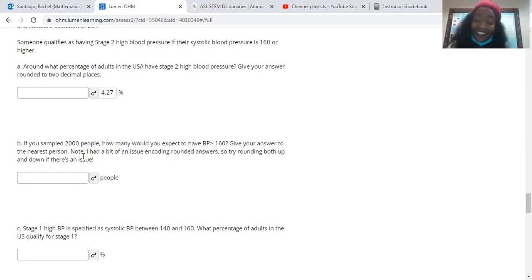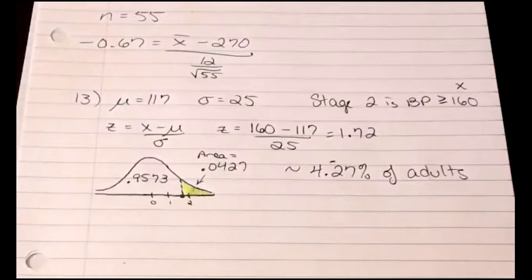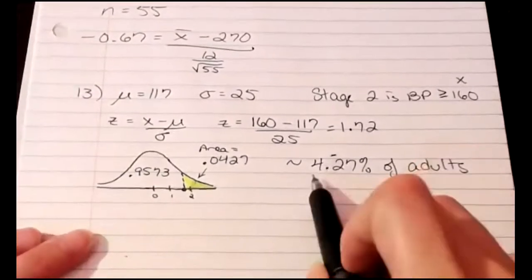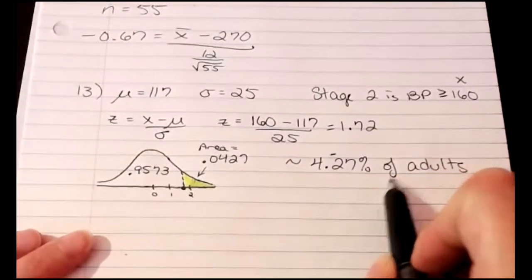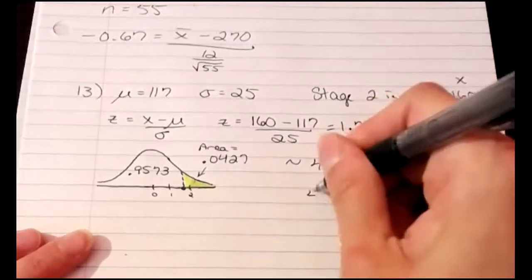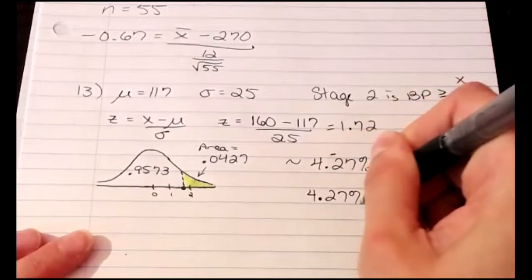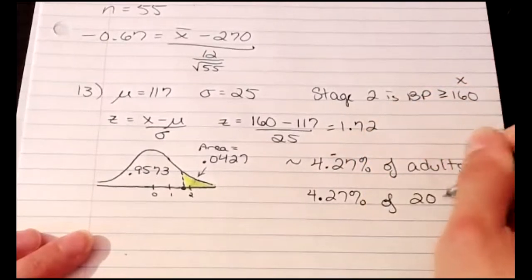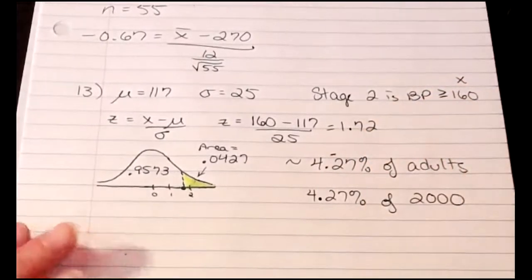Oh, so are you using the sample formula? We actually don't have to use that fancy formula. What we're doing here is, if you know that 4.27% of adults have stage 2 high blood pressure, then we want to know what is 4.27% of 2,000 people. Oh, so you multiply it?